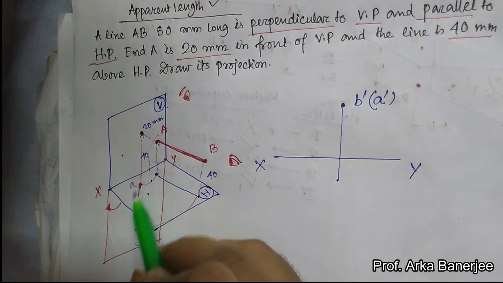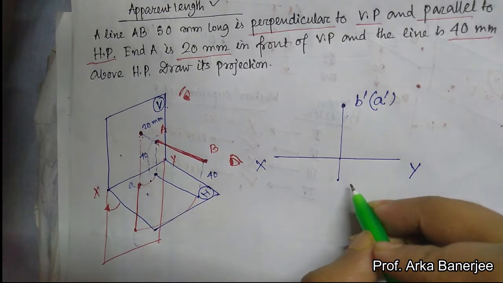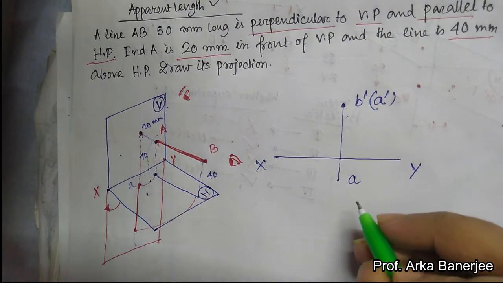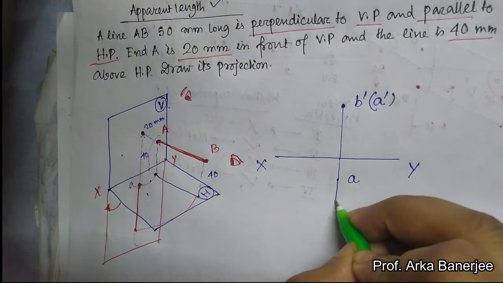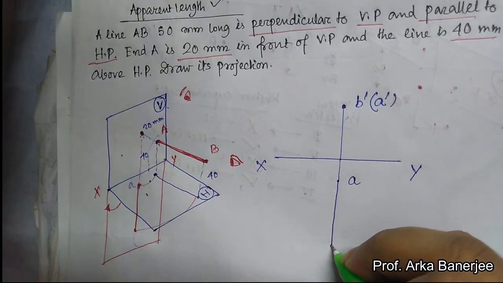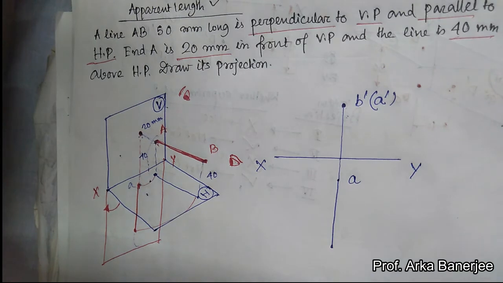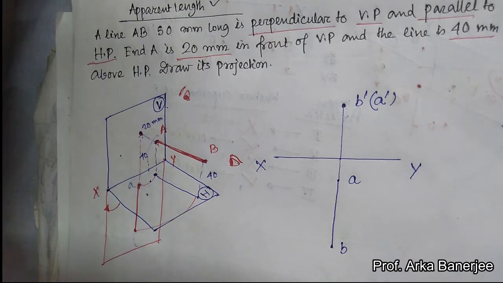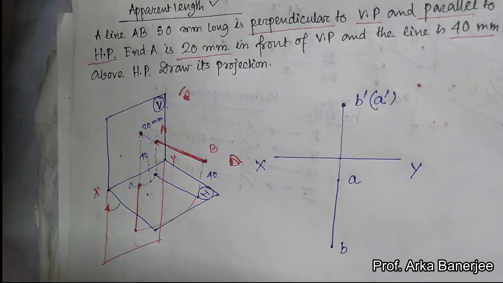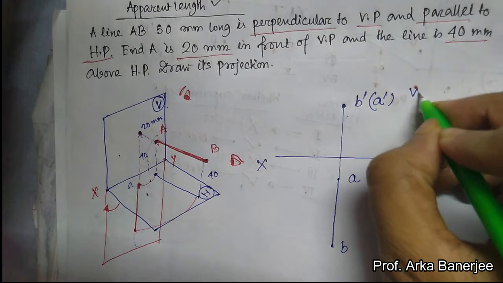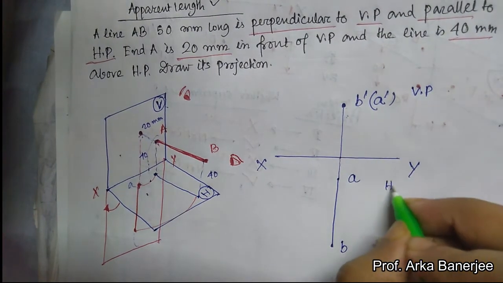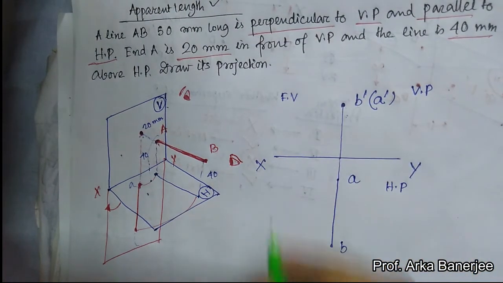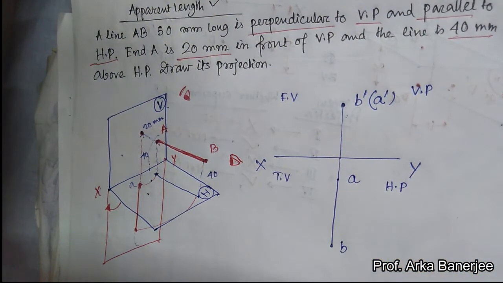This point is A. After that we will complete the straight line. What is the length of the straight line? The length is 50 millimeter. So we will draw the 50 millimeter straight line, and our drawing is complete. We will write VP here, HP here. This is the front view, this is the top view.